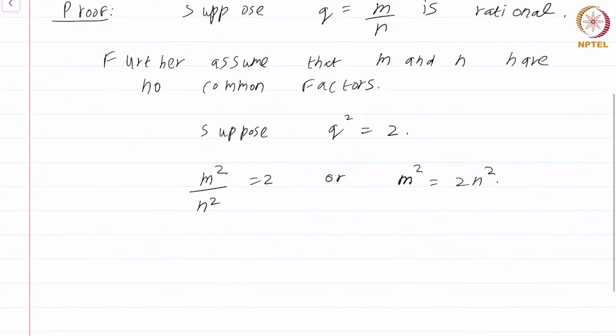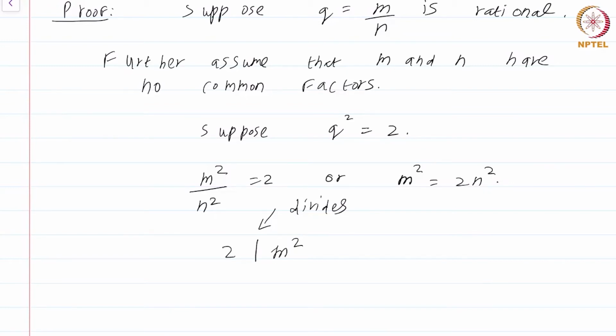Now what does m squared equal to 2n squared tell us? It tells us that 2 divides m squared. This vertical line just means divides. Because the right hand side is 2n squared, 2 must divide the left hand side, which is m squared.